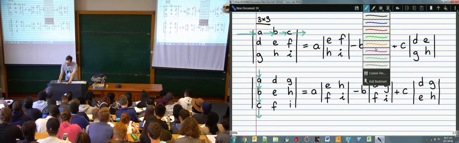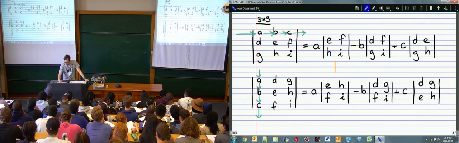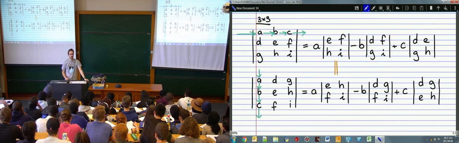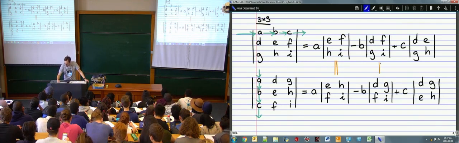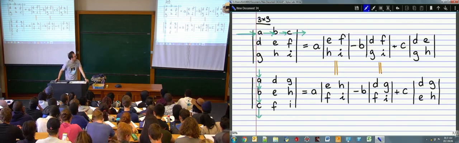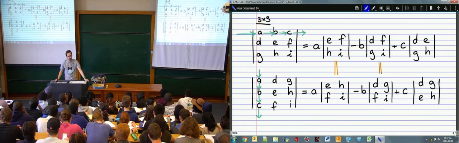What we have here on the right-hand side, well, these two things are equal, because when we take the transpose of a 2 by 2 matrix, the value of the determinant doesn't change. We've just shown that. And similarly over here, these two things are equal because those little minors are just 2 by 2s, and when we take the transpose of a 2 by 2, it doesn't change.